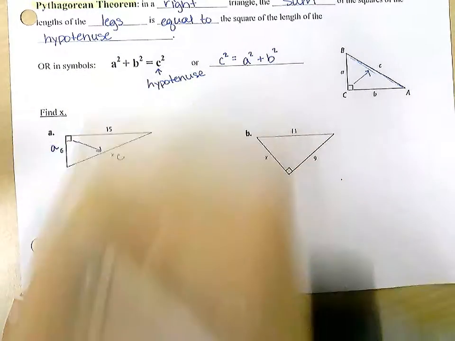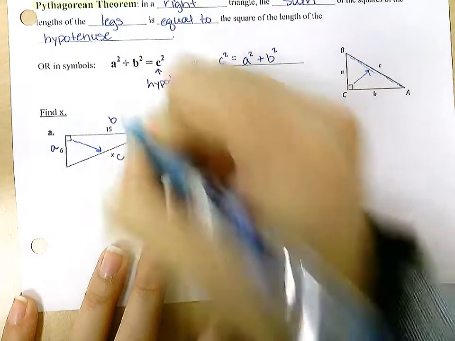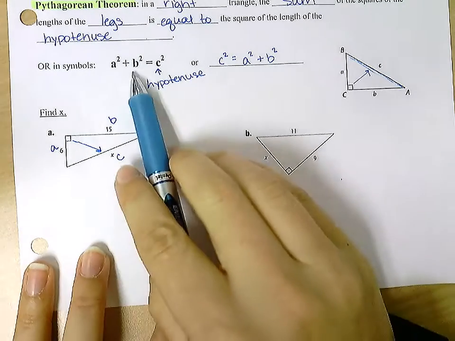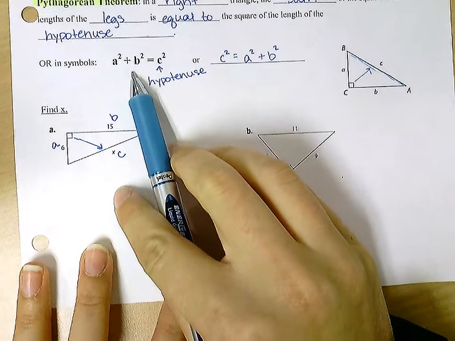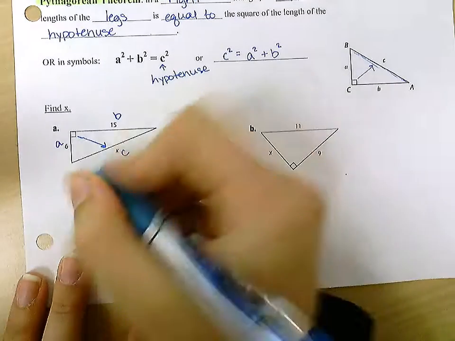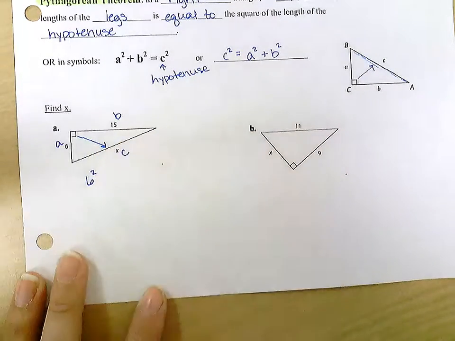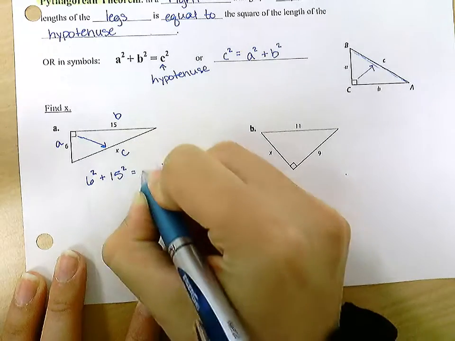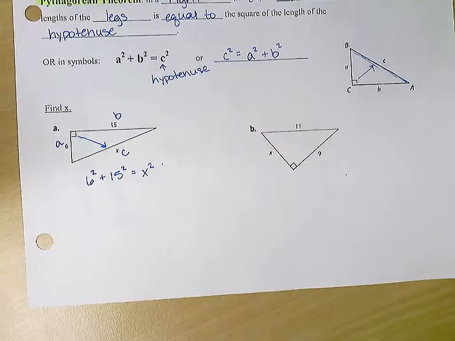So I'm just going to label 6 as A and 15 as B. If you labeled 15 as A and 6 as B, that's fine too. So from here, all I have to do is plug this into my Pythagorean theorem. So we would end up with 6 squared plus 15 squared is equal to x squared.